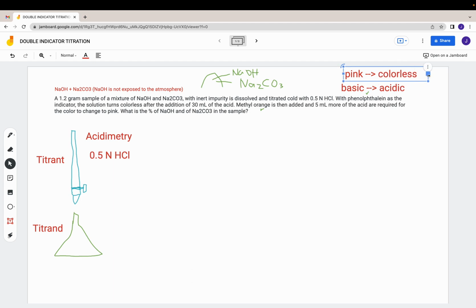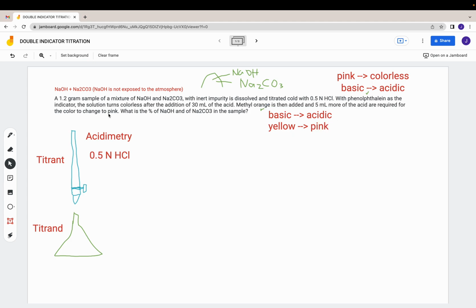That's the color change that you will see going from a basic solution to an acidic solution, from pink to colorless. Now for your methyl orange, if we go from basic to acidic pH, the color change will be different. It will be from yellow to pink.